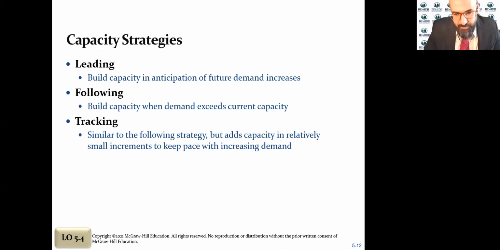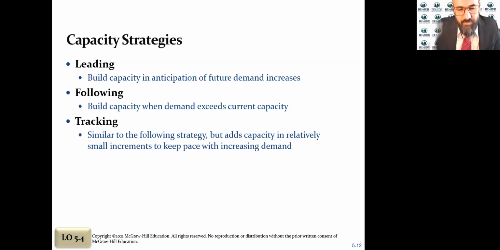So, for example, if you are expecting that the demand will increase by 10% next month, I will go ahead and lead the demand instead of following the demand. So leading the demand is you anticipate the future demand and you build your capacity based on what you expected, that you forecasted the demand.